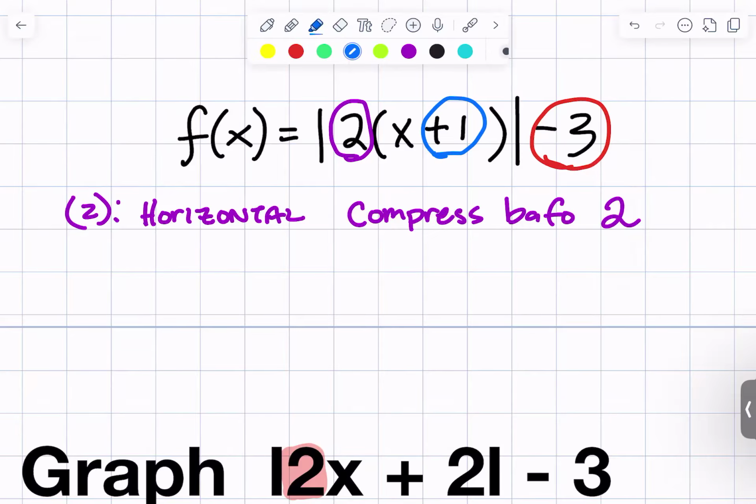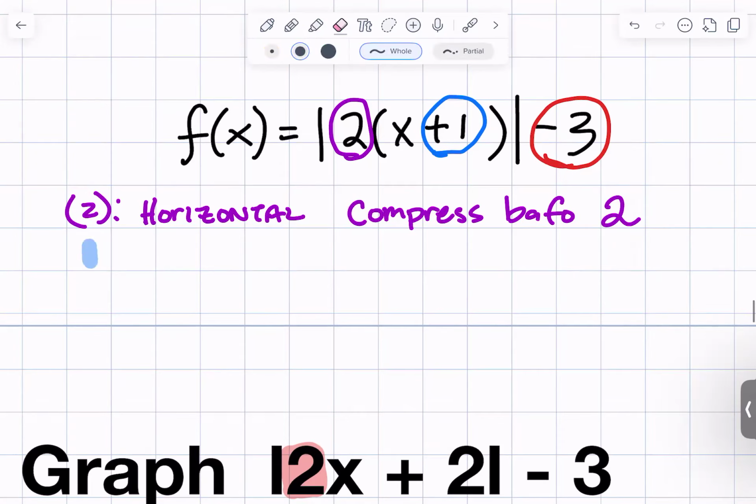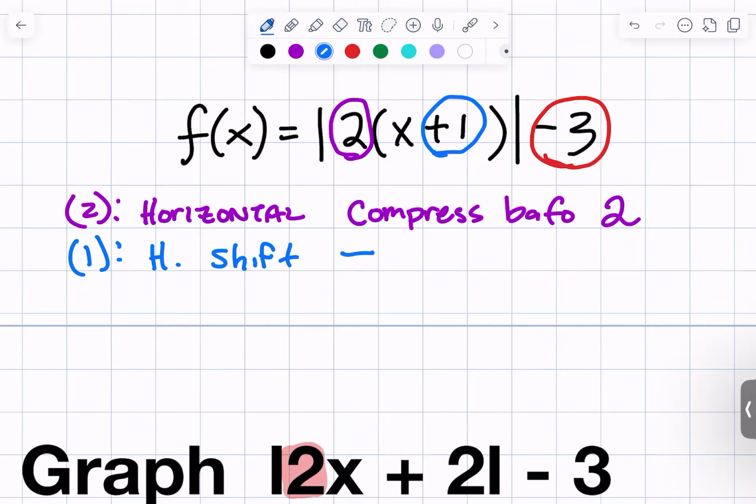And then what about the 1? What does that do? It's on the inside and we're adding. Answers to my question. Inside, adding. Horizontal, I'm going to put H, shift over to the left or to the right? To the left, 1, right?